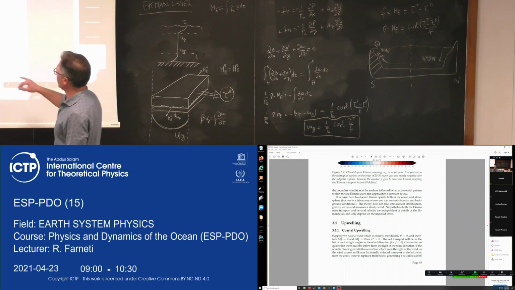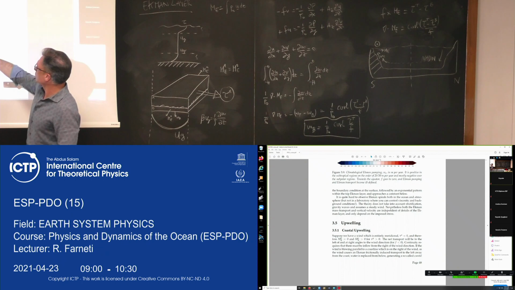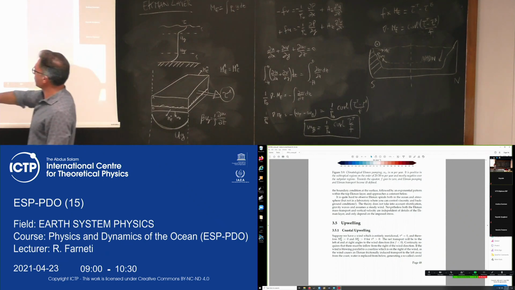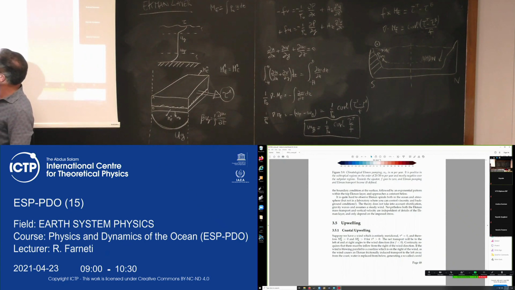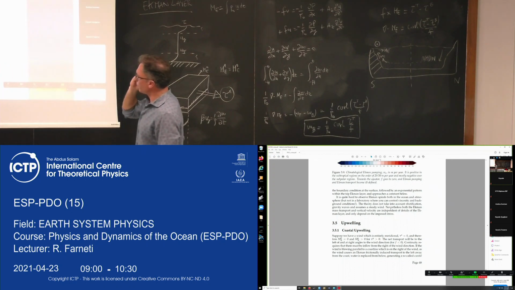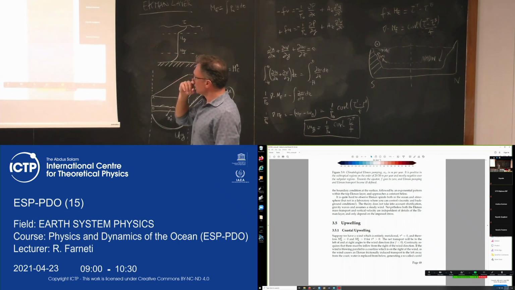So suppose you have a wind that is totally meridional, so tau x is equal to 0. And therefore the meridional component of the mass transport is equal to 0, and the zonal component is positive for a positive tau y. Then the net transport will be to the left of the wind direction.